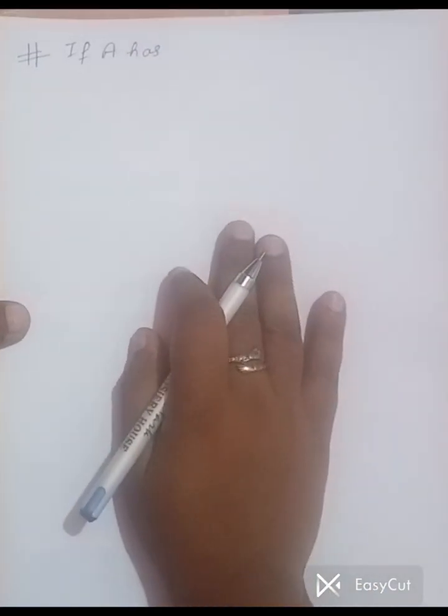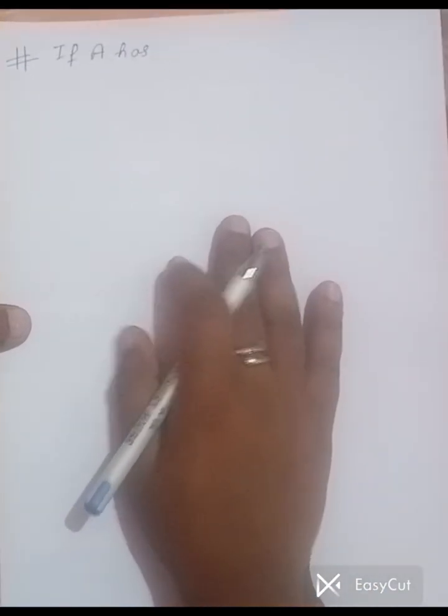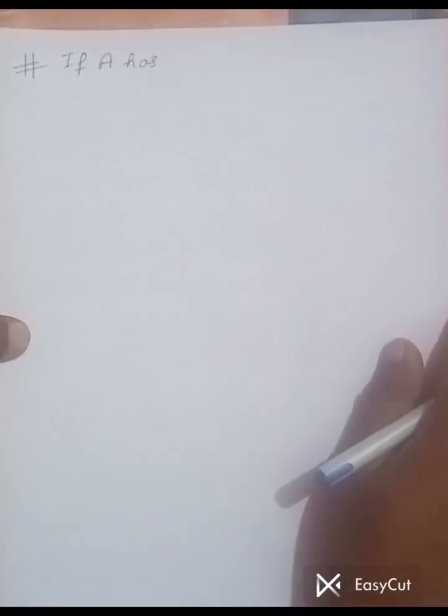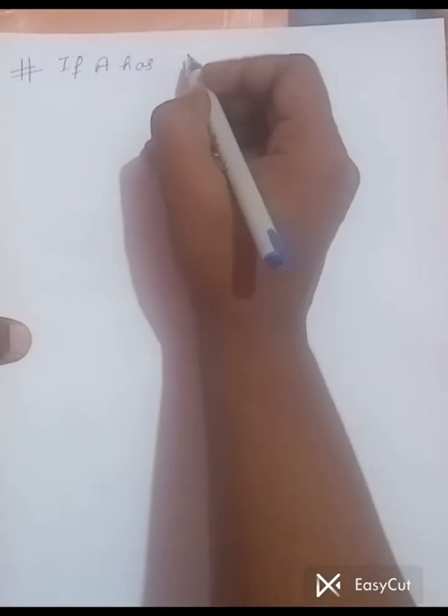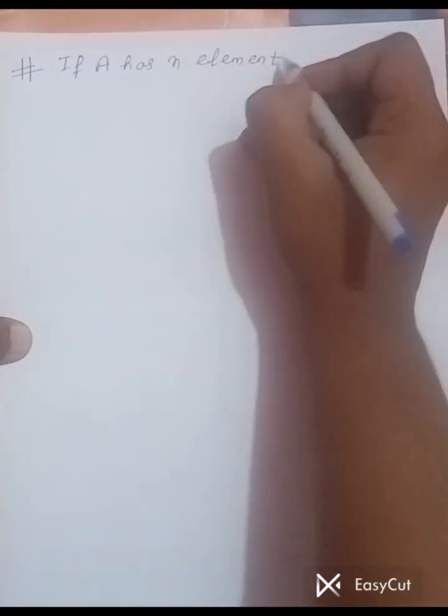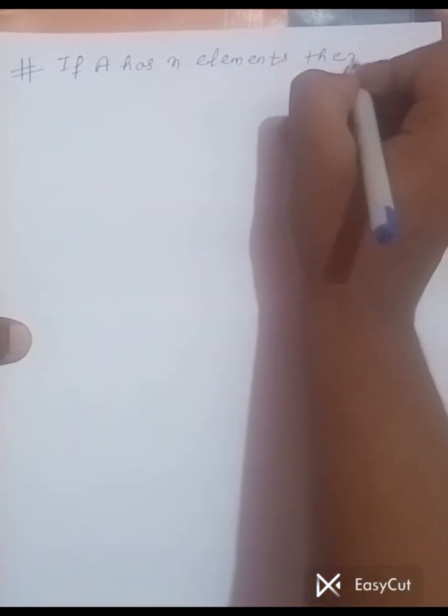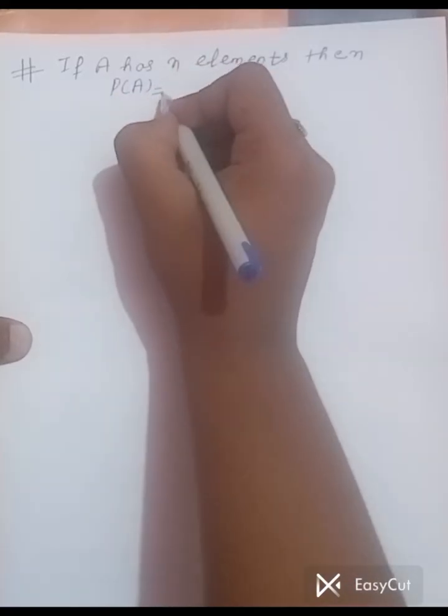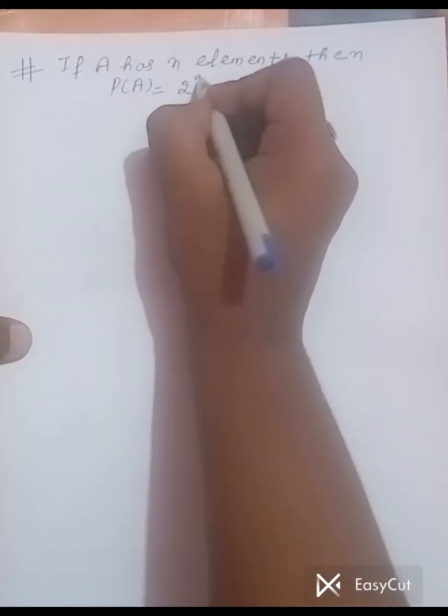If A has n elements, then the number of elements in the power set of A is always equal to 2 raised to power n.